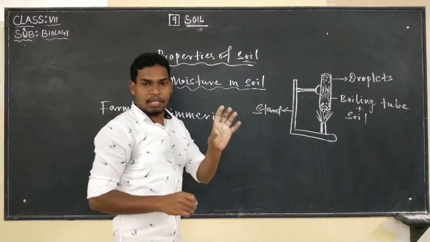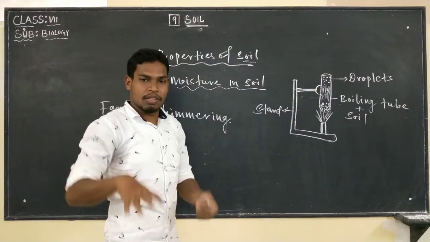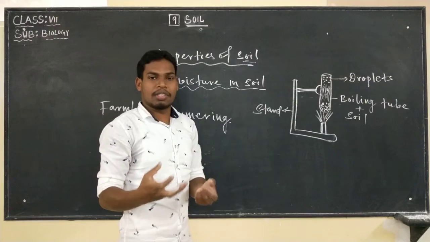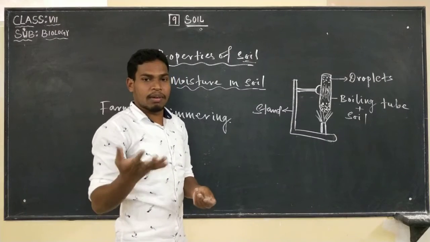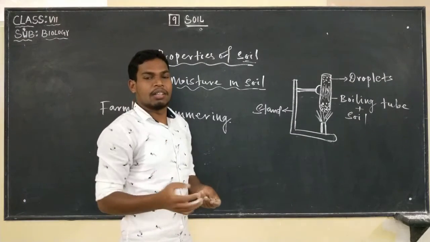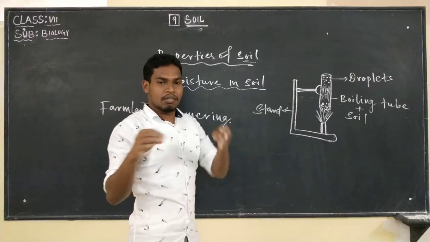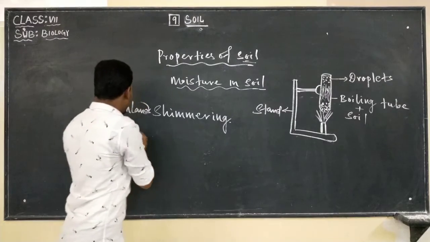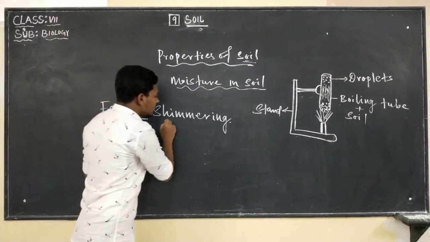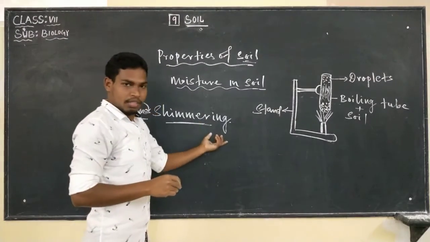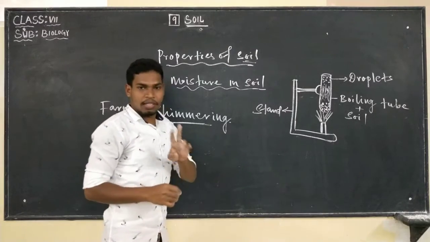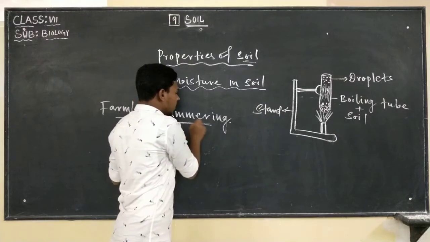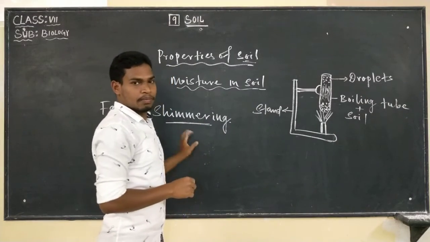Because during summer, the sunlight which is falling on the land causes the moisture from the soil to evaporate, and this evaporation of the moisture is going to reflect the light, and the farmland is going to show shimmering. So this is what happens during summer.